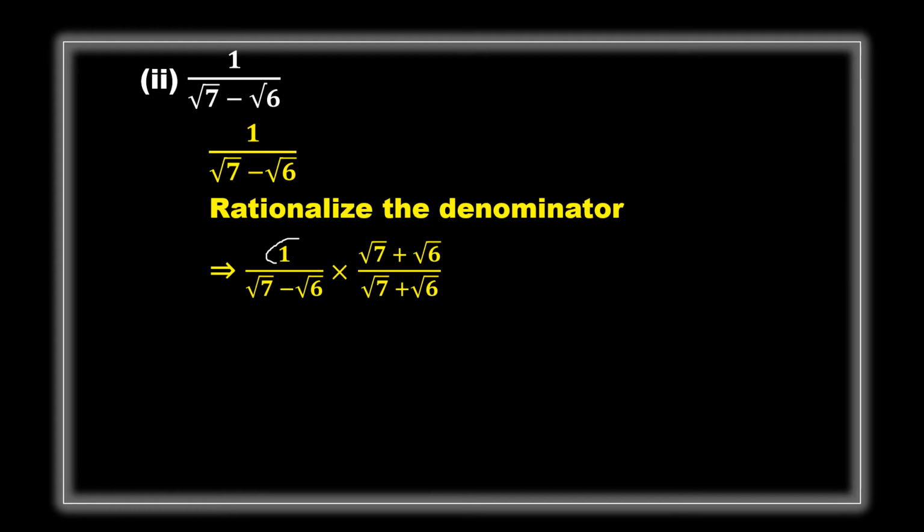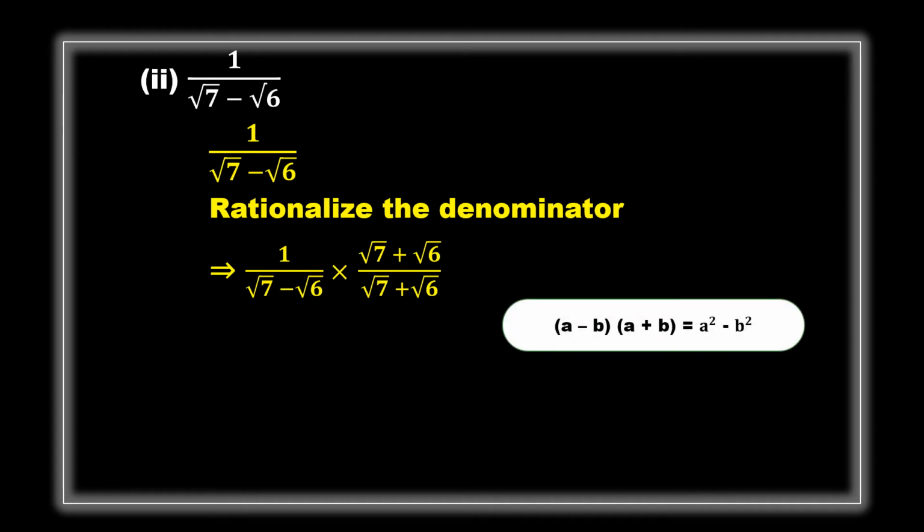Multiply the numerators. We just discussed that the denominators' multiplication will always use one formula, that is a minus b into a plus b, which gives you a square minus b square. 1 into root 7 plus root 6 is root 7 plus root 6, by, here we have to use this identity. a means root 7, so root 7 square, minus b means root 6, so root 6 whole square.